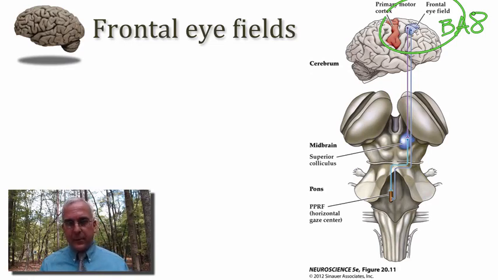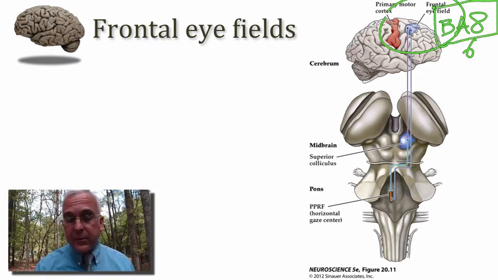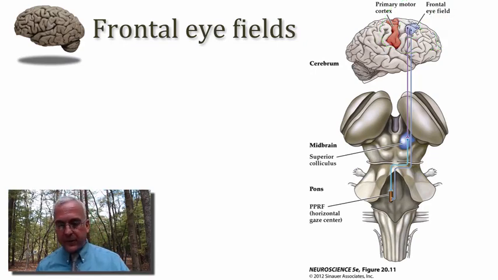But I think this is a somewhat controversial question. Don't be surprised if some might say that the frontal eye fields are actually in Brodmann's area 6, which is what we usually associate with the premotor cortex. But the non-human primate literature would put it just a bit more anterior in what we call Brodmann's area 8, which is localized right about here in the anterior part of the premotor cortex.